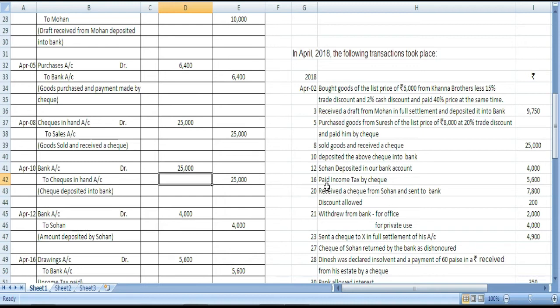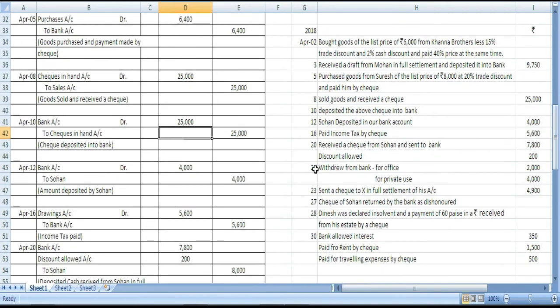Okay. Then we have April 16, paid income tax by check. Now, income tax is your private expense. It is the private expense of Radhika Traders, because whatever income Radhika Traders is earning is for their personal benefit. So, this will be called drawings.